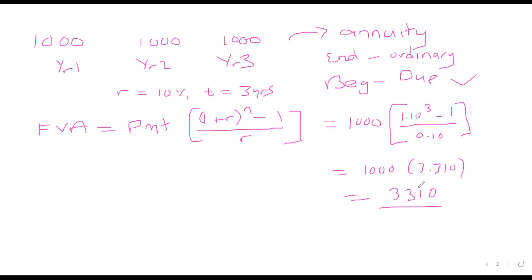So this is going to be called an ordinary annuity after 3 years, which is called a future value annuity. So when we multiply the answer by 1 plus r, the term changes. It is now called a future value annuity due.